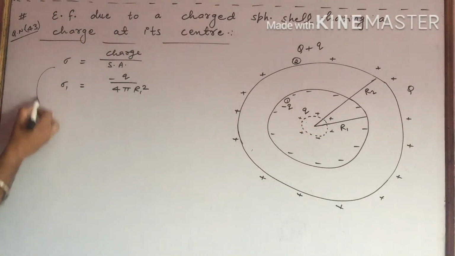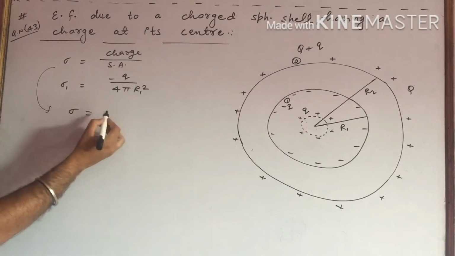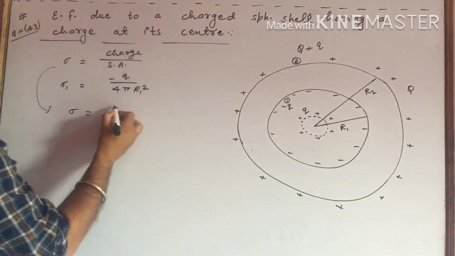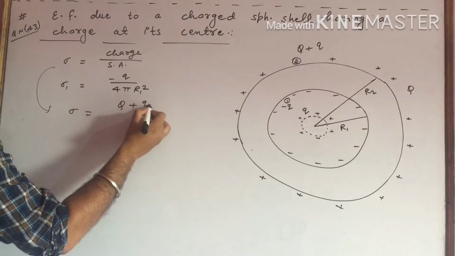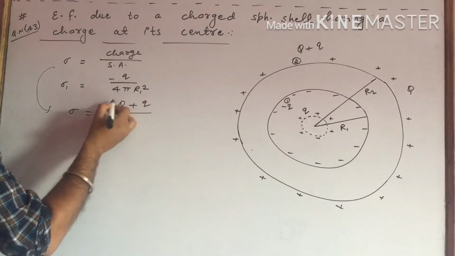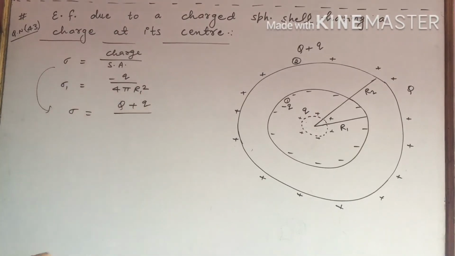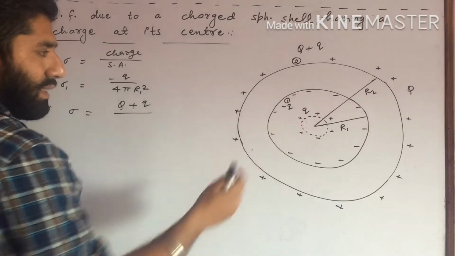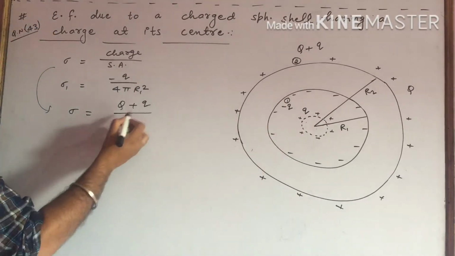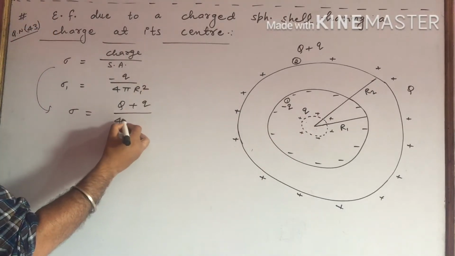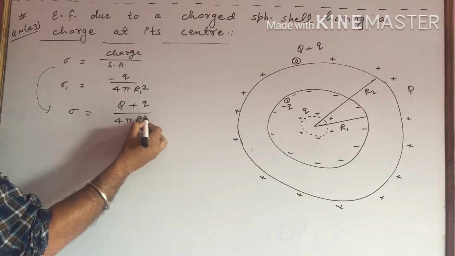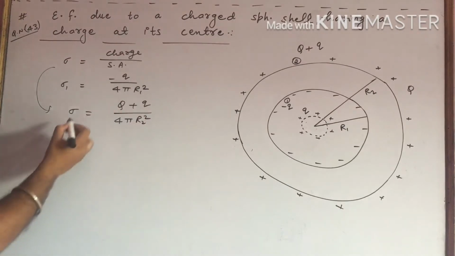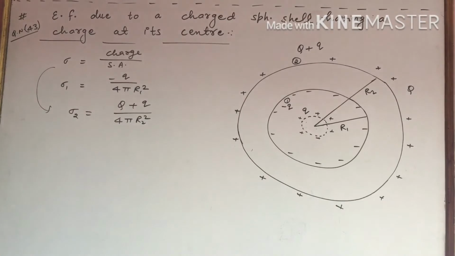Now using the same concept for the outer surface, the charge on the outer surface is capital Q plus q. This charge was originally given, and this charge is due to induction due to the charge at the center only, and the surface area of the outer surface will be 4 pi r2 square. So this is the surface charge density of the outer surface.